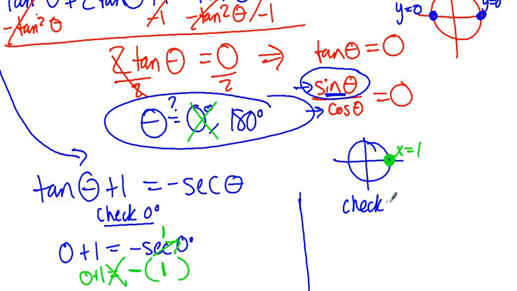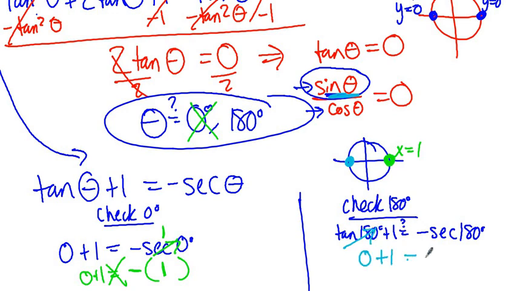So let's check 180 degrees. So we'll have tan of 180 plus 1. Does that equal negative secant of 180? Let's check it. So tan of 180, that's the sine over cosine at 180. So that's 180 right there. Sine right there is 0. And we already know it was 0 from up here. So this whole thing equals 0.